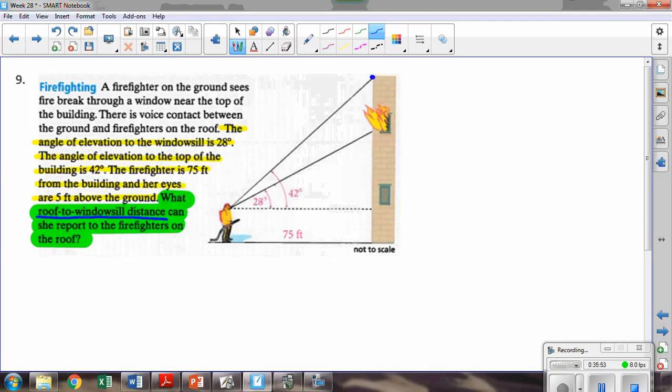From the roof to the windowsill. This is what we're searching for. So I'm going to call it X. The letter's not important, but I picked X just because I like X's. Okay.